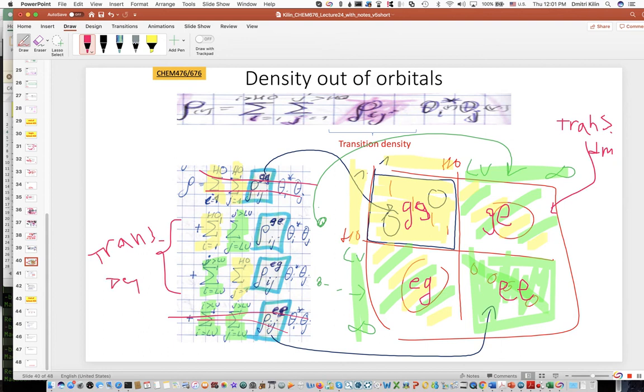So this terminology and these concepts are not my design, not my intent to make the course more complicated. It is very standard terminology, and anyone who goes for this computational description of excited states uses this nomenclature. So I'm just introducing it and bringing us closer to the standard notations.